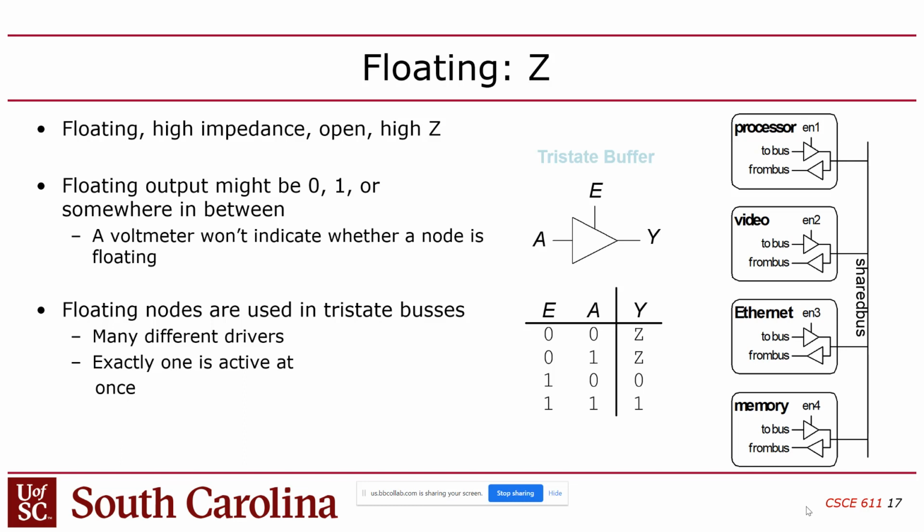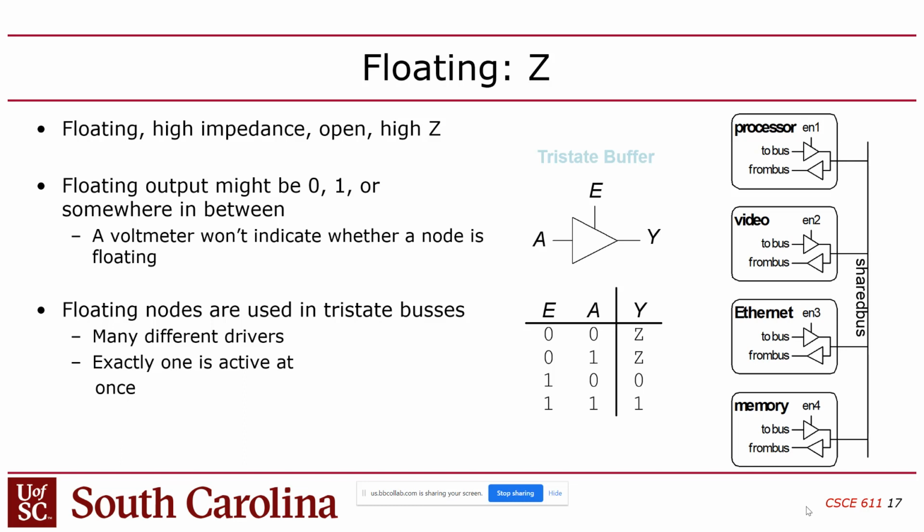If you want to double drive a line, with two different drivers, you'll use these tri-state buffers to disconnect all but one at a time. And of course, if they're all disconnected, you'll have Z. Now we're not going to be doing that in this class. We're not creating any buses like this one where you can have multiple masters on a bus in Verilog. We're not going to do that.